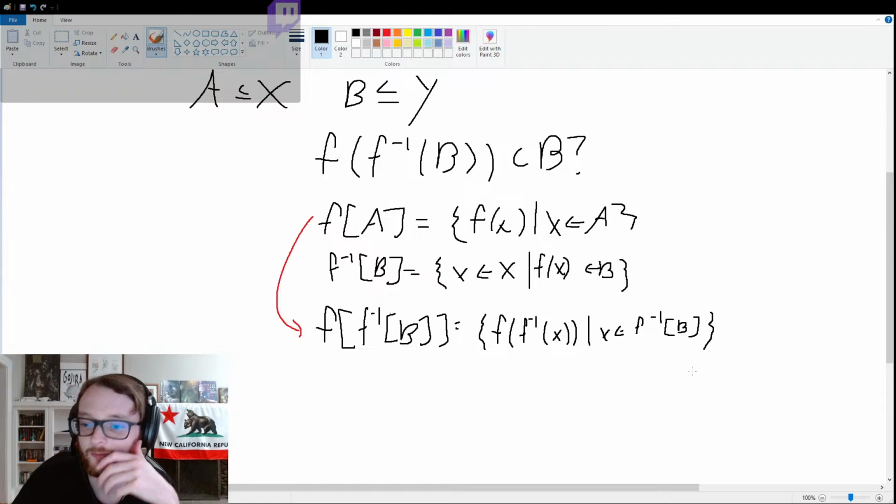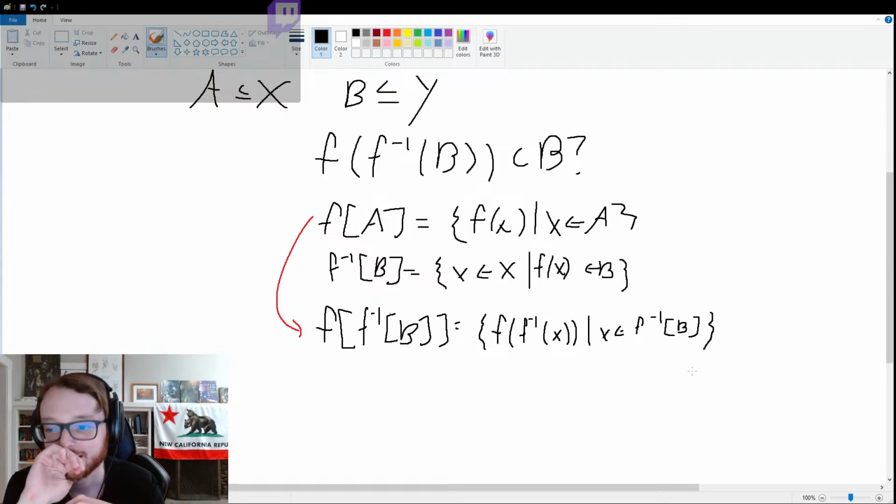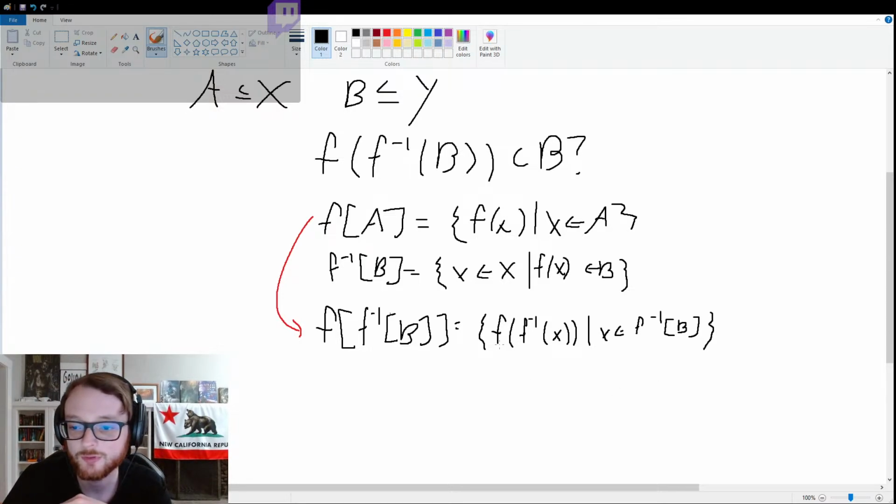If we plugged it into the definition? Hmm. But like, can we just say that f of f inverse is just x?